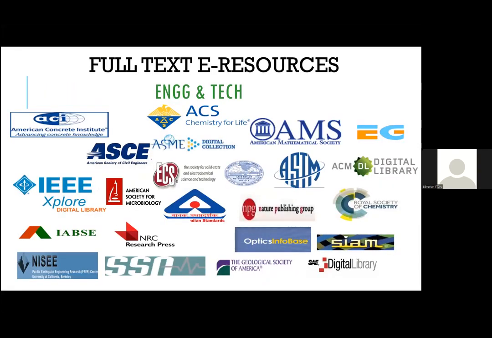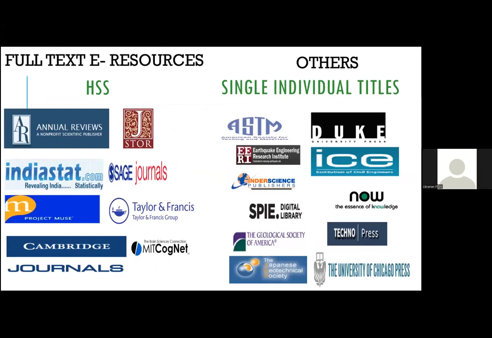And then in the areas of engineering and technology, once again, most of the core resources are subscribed. As you see, most of these are published by professional societies. And in order to support humanities and social science, we do have some core collection.